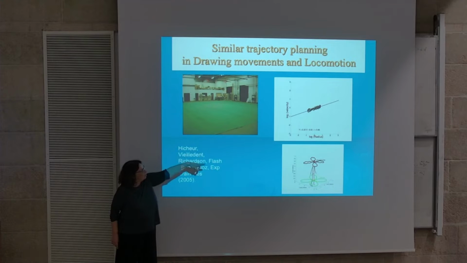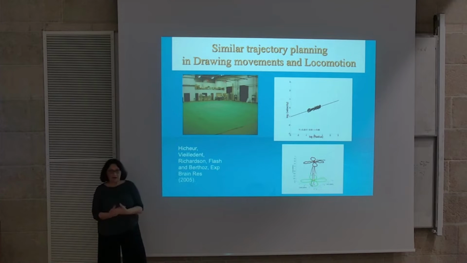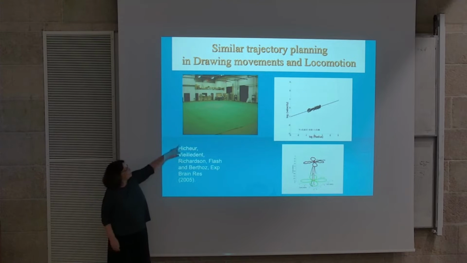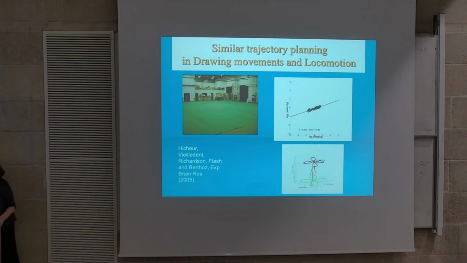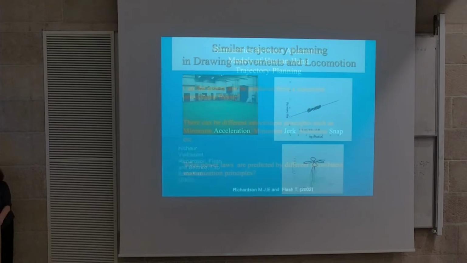You have this log power law with similar exponents. That means that I have the same kind of plan regardless of whether I do it with my hand or with my center of mass. This is the trajectory of the center of mass. Okay? So it says that the brain has the same kind of geometrical principles regardless of which kind of action I do.